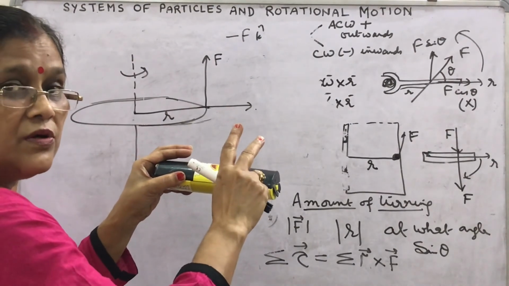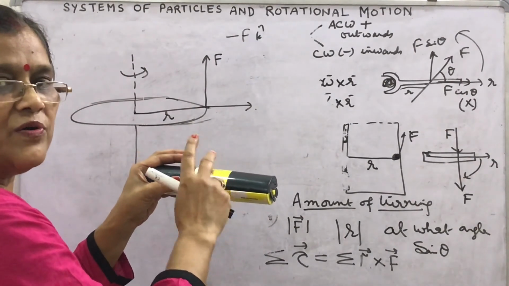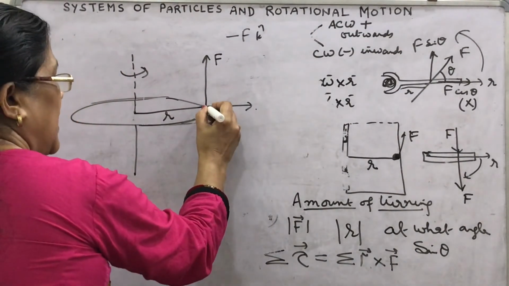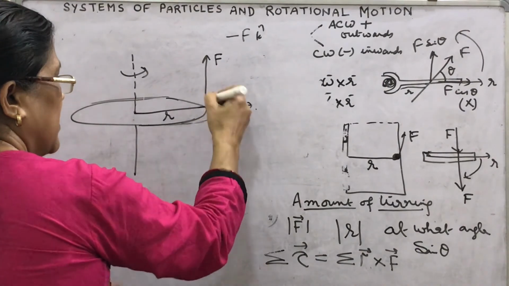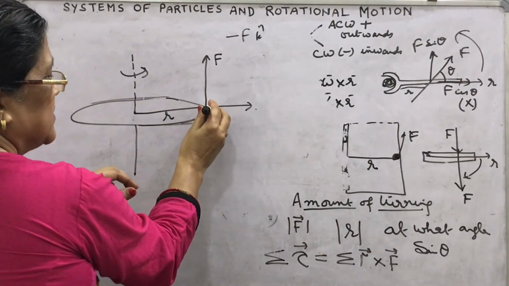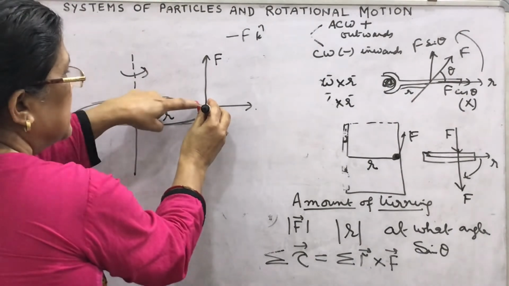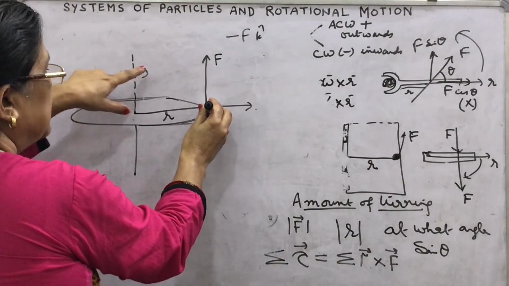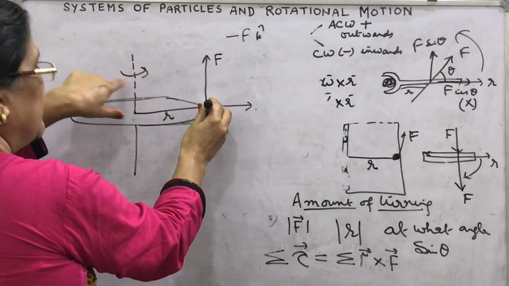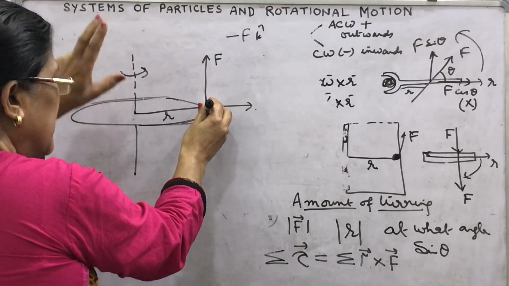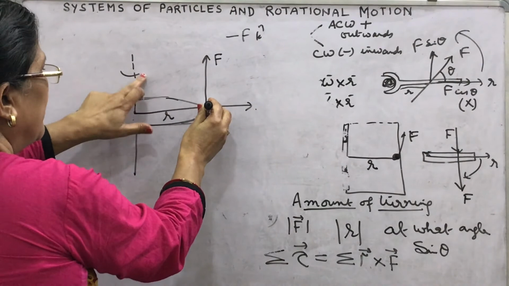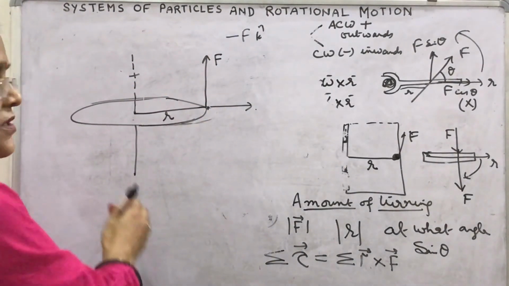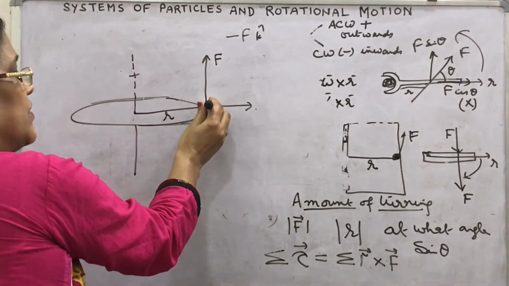Torque is non-zero, but the disc will not rotate. Why? Because this F is parallel to the axis, so the rate of rotation will not change. It will continue moving, or if it is at rest, this force will not rotate the disc.